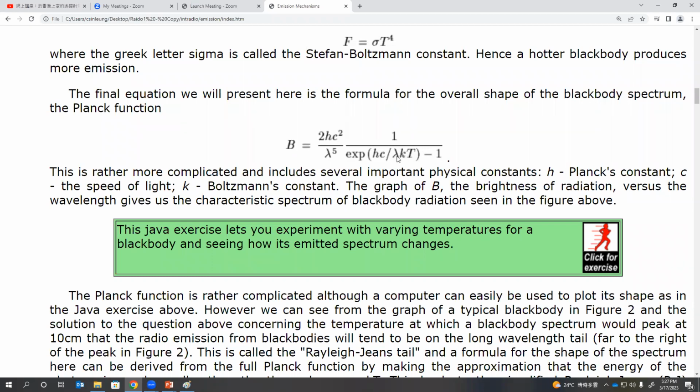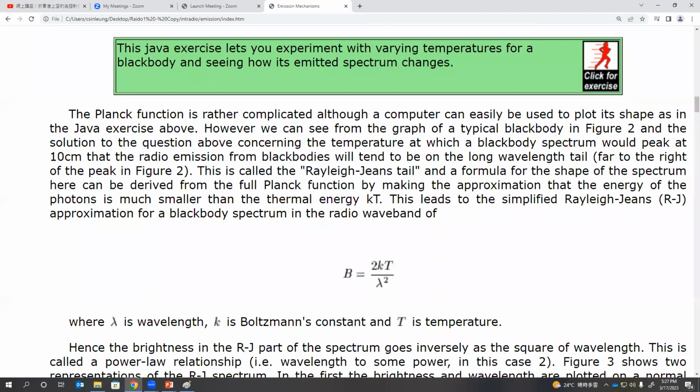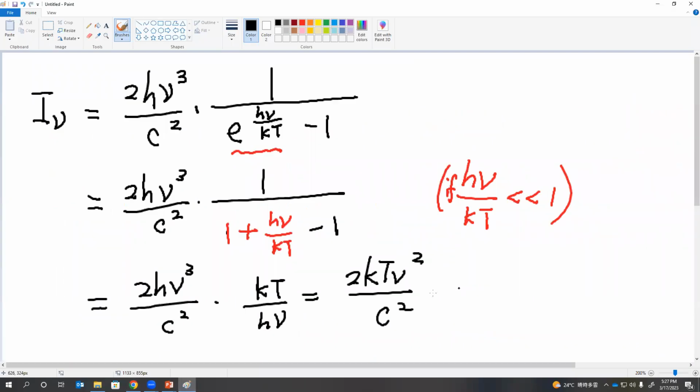As you see, this 1 over lambda can be rewritten into frequency. So the Planck function times frequency, we get the energy of the photon. If the energy of the photon is very, very small compared to the thermal energy k times t, here we can reduce it into the following format to get such a representation.